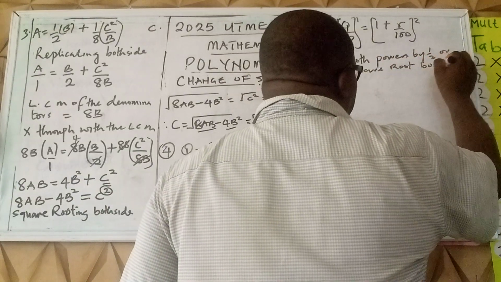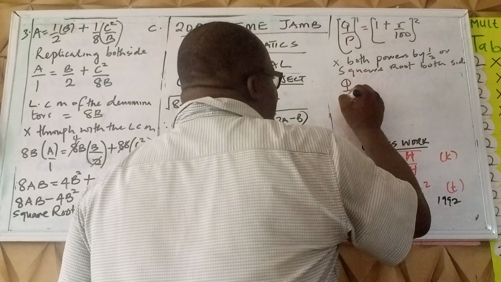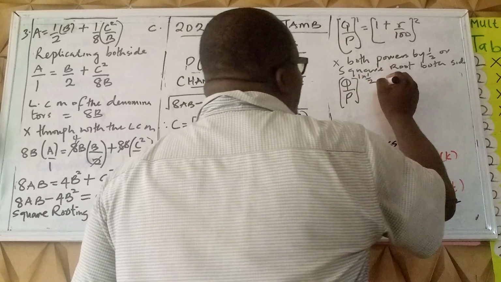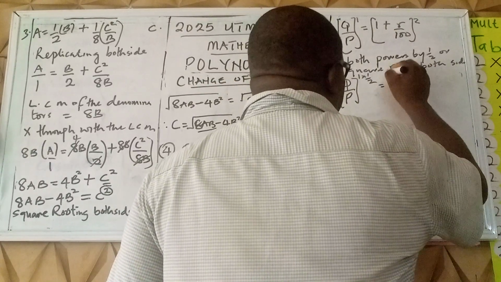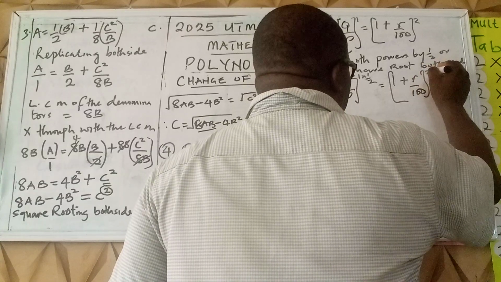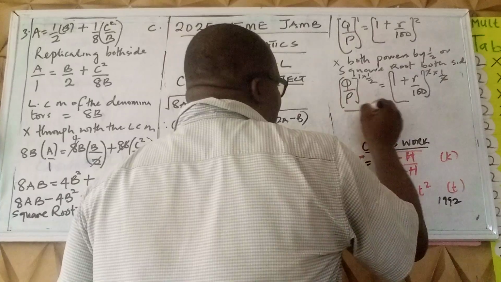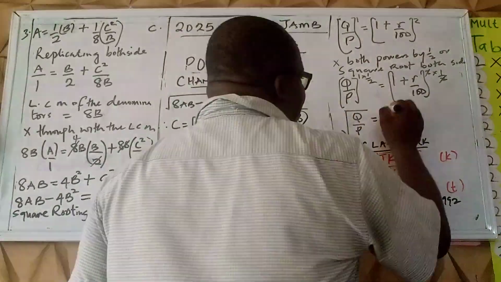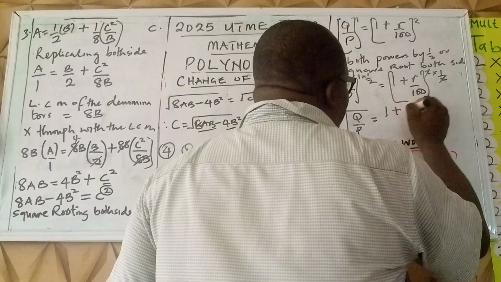So I will have Q over P raised to power 1 times 1 over 2 is equal to 1 plus R over 100 raised to power 2 multiplied by 1 over 2. This cancels out. So this becomes the square root of Q over P is equal to 1 plus R over 100.